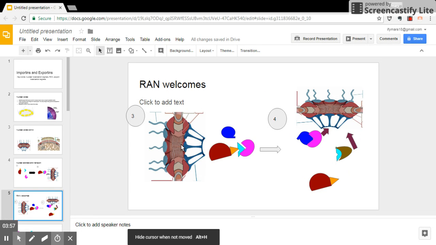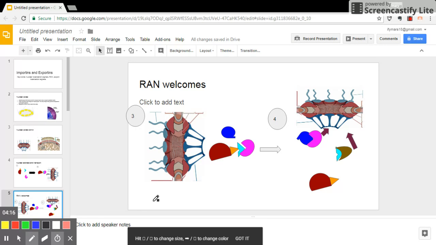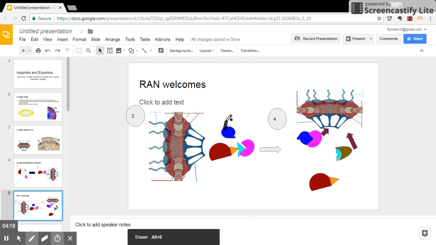In this slide, you can see they have passed through the nuclear pore, and they were able to do it successfully because the protein has this nuclear localization signal. When they enter the nucleus, they're going to meet a friend called RAN GTP.